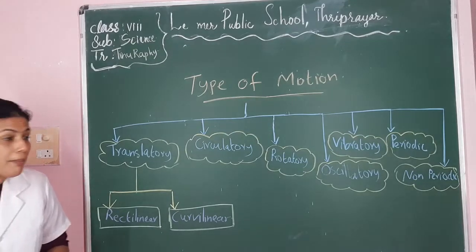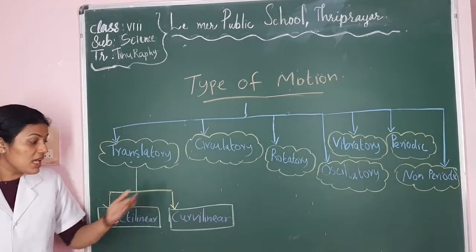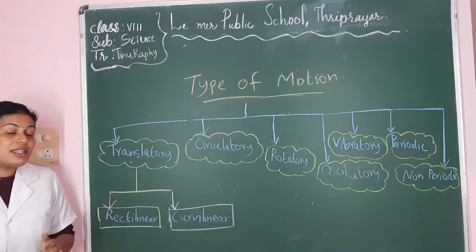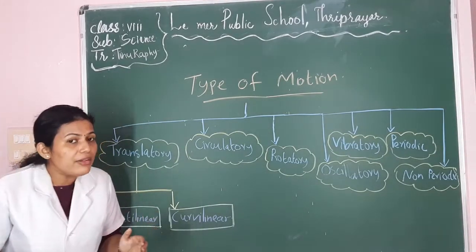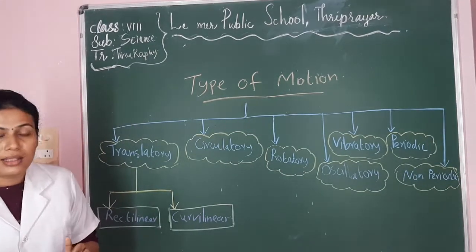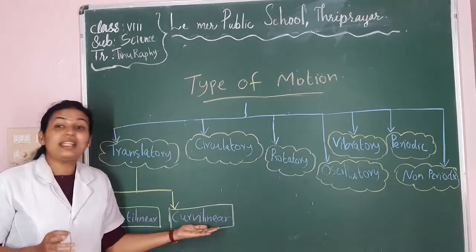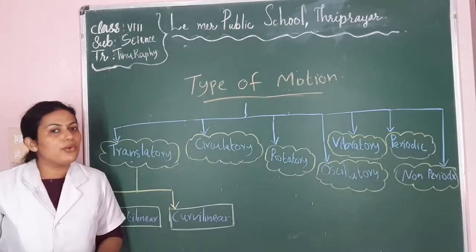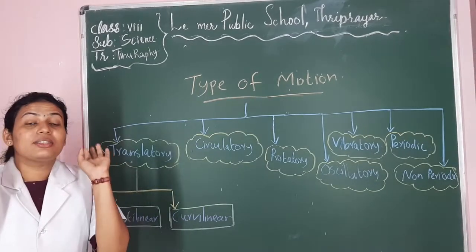Now the second type of translatory motion is curvilinear motion. From the word curve, you may be understanding that the body is having a curved path, isn't it? The object moves along a curved path. That translatory motion is said to be curvilinear motion. So you may have played the throw ball game.